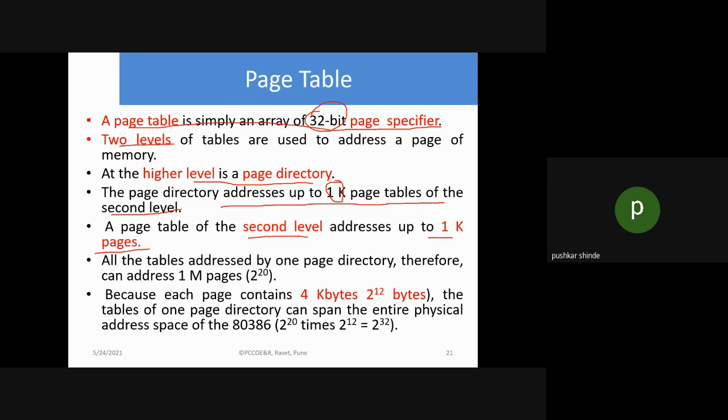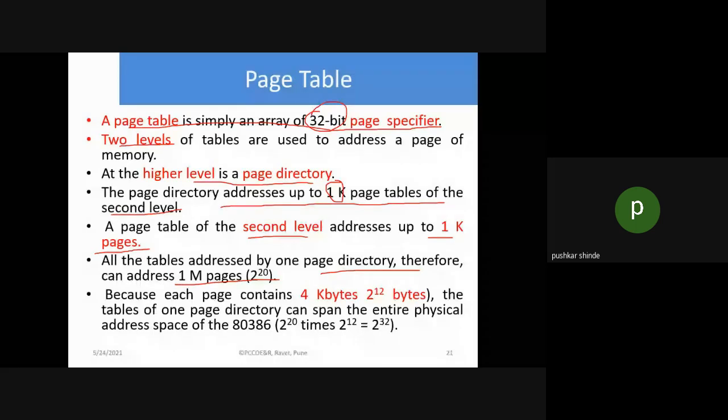All the tables addressed by one page directory therefore can address 1 mega pages, 2 raised to 20. 1K in page directory, 1K in page table, multiplication of that is 1M pages. 1 mega pages can be accessed by the paging mechanism of one page directory.